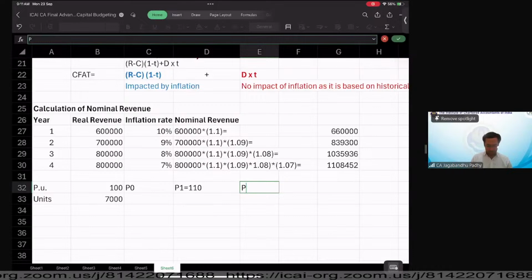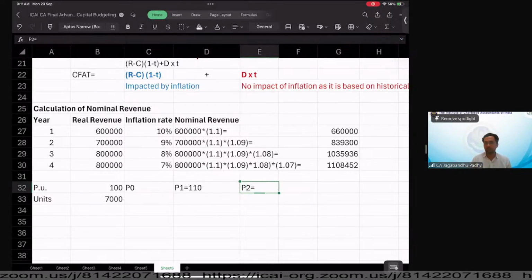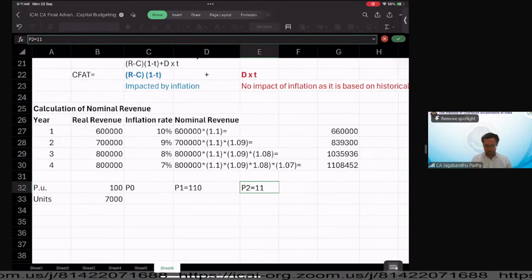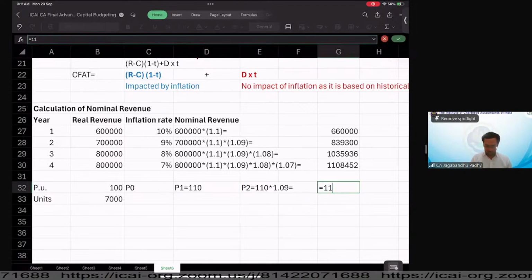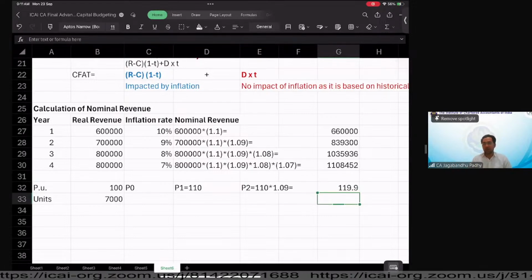But what do you say about the price in year 2 now? Can I say it will be 110 into 1.09? Because even in the second year, there is an inflation. So by the time you reach the second year, the price would have become 110 into 1.09. Right? So 119.9, or I can say approx 120, will be the price.